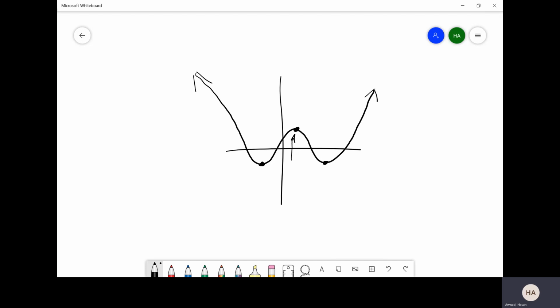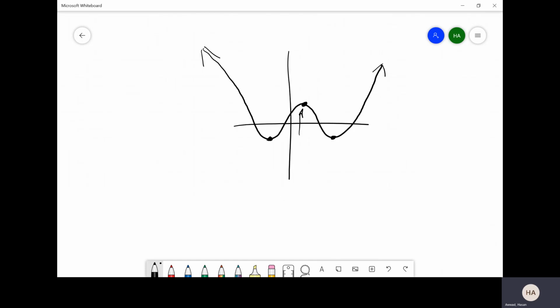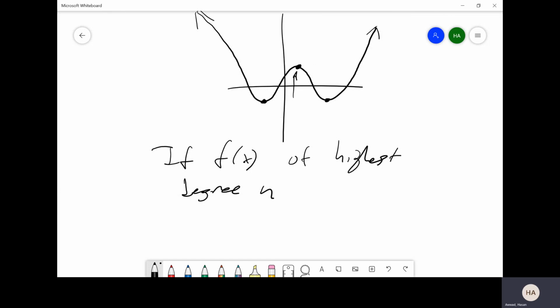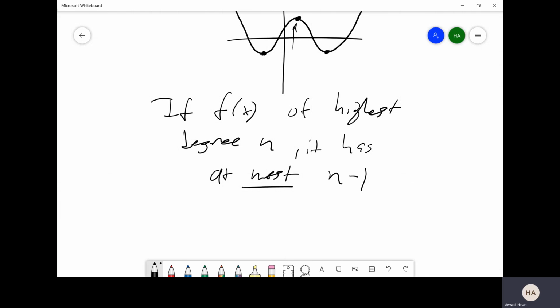Okay, so here's something that you should remember as far as turning points are concerned. If f of x is a polynomial, and this is only true for polynomials, of highest degree n, and degree is always talking about your exponent, then it has at most, and I'm going to underline at most because it's not guaranteed, but this is the most it could have, n minus 1 turning points.